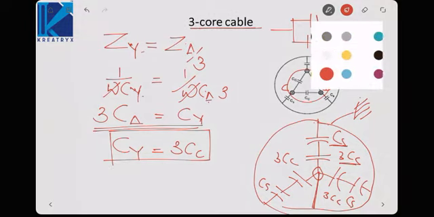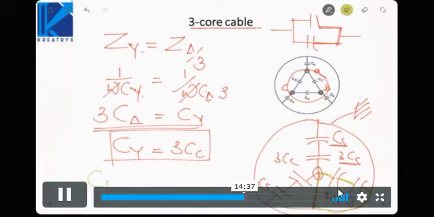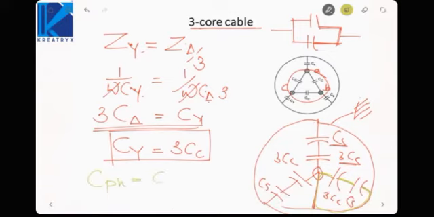So if you see here, this plate is common and this plate is also common. So both are connected in parallel, and the equivalent will be the addition of the two, CS plus 3CC. This will be your per phase capacitance.